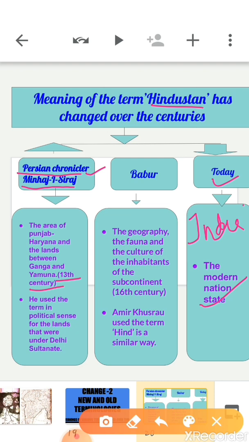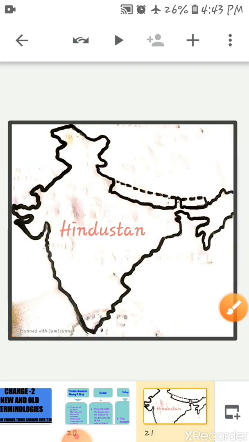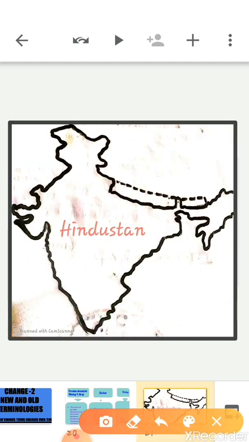Okay, so in the 13th century, the term Hindustan was first used by a Persian chronicler, Minhaj-i-Siraz. He explained the term Hindustan. According to him, just look at this map, the land and the areas of Punjab and Haryana, this one, and the land between the Ganga and Yamuna, this one.